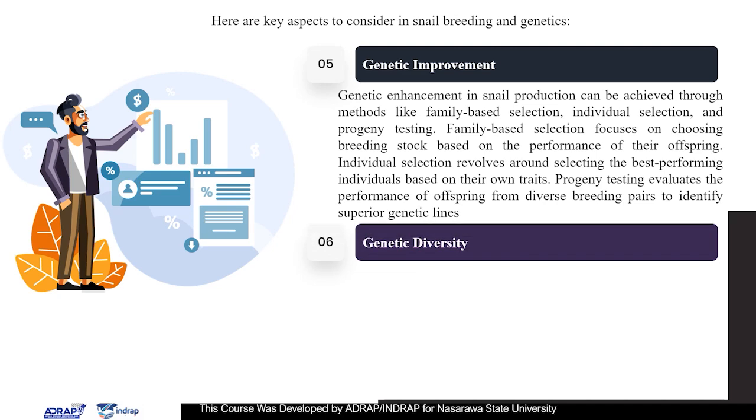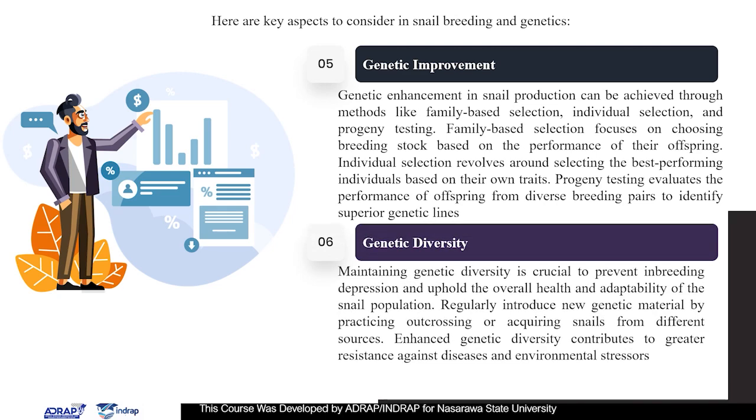Genetic diversity. Maintaining genetic diversity is crucial to preventing inbreeding depression and upholding the overall health and adaptability of the snail population. Regularly introduce new genetic material by practicing outcrossing or acquiring snails from different sources. Enhanced genetic diversity contributes to greater resistance against diseases and environmental stressors.